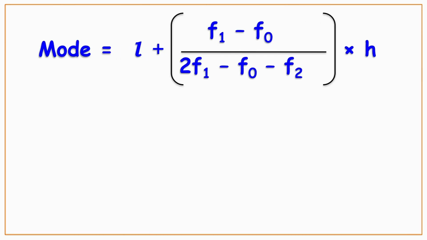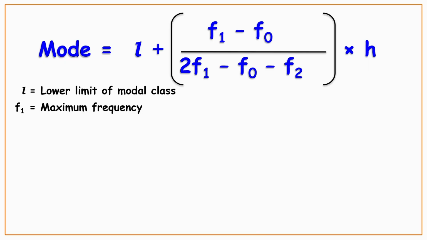So let's take the example. This is the formula I already explained. Now here we need to know the terms. So what is L over here? L is the lower limit of the modal class. I will explain what is modal class with the example, don't worry. And F1 is the maximum frequency, that will also be taken care of whenever we see a particular example.